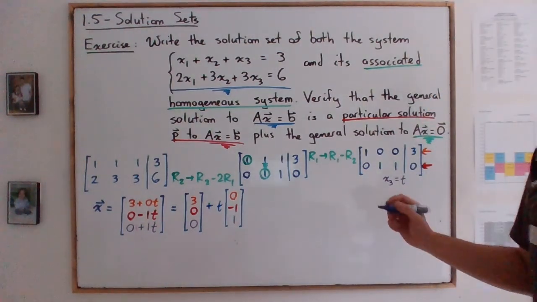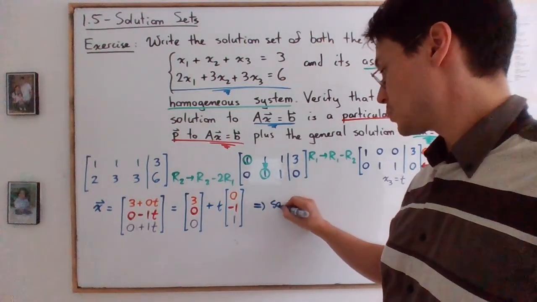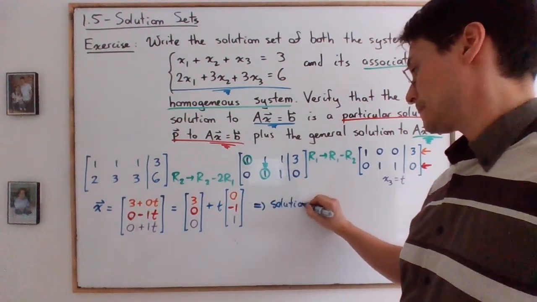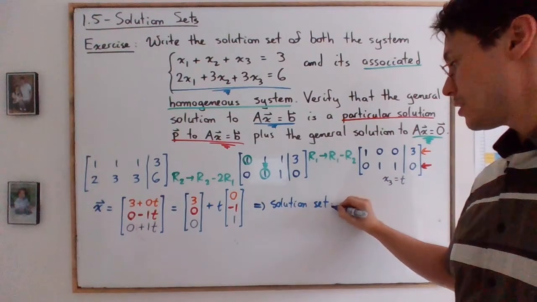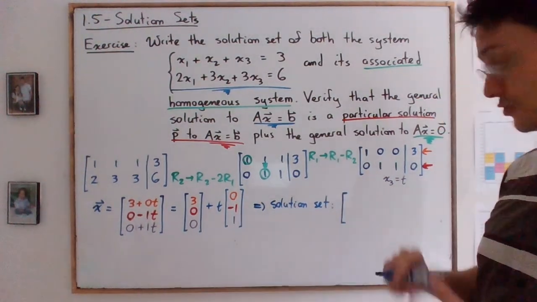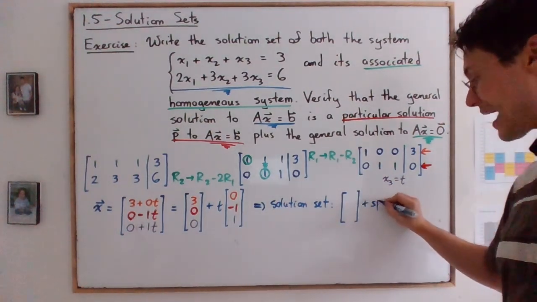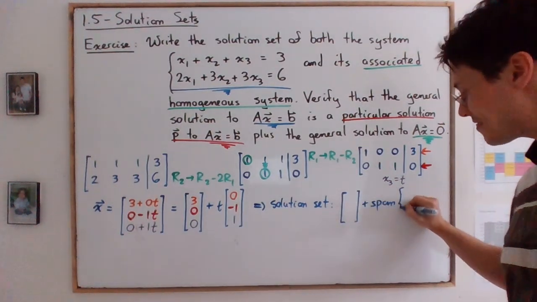So what this means is that the solution set will be this vector, 3, 0, 0, plus the span of this vector.